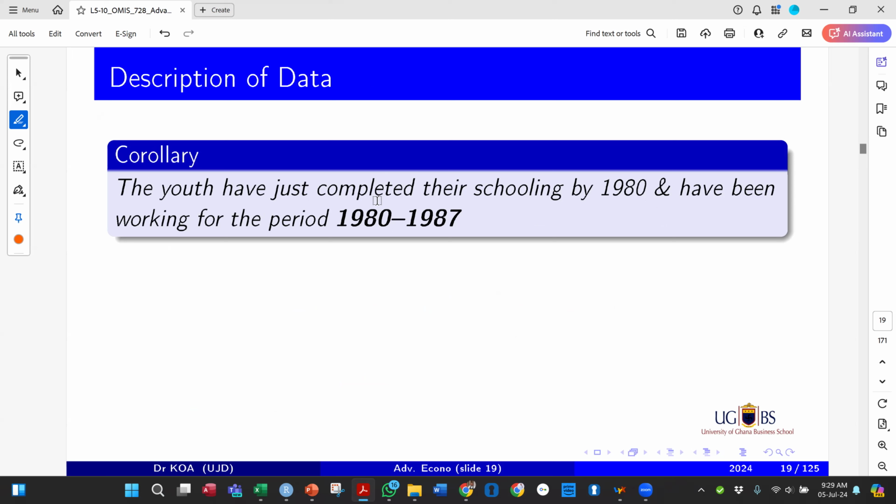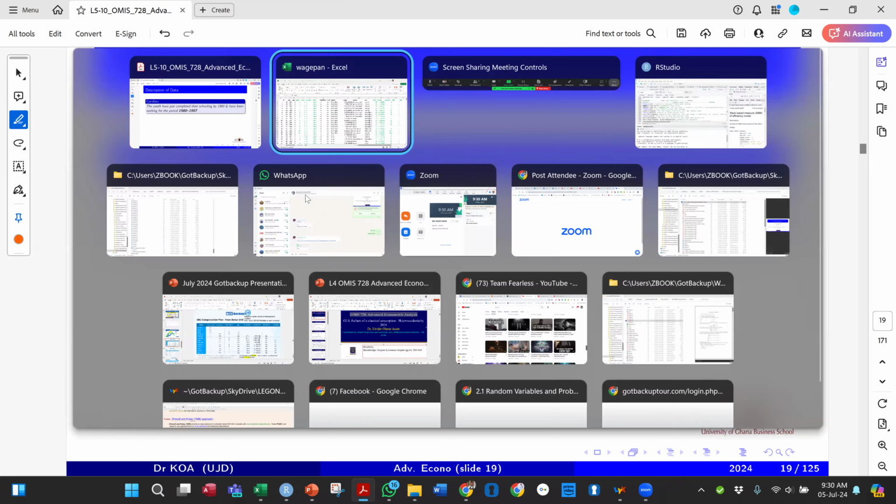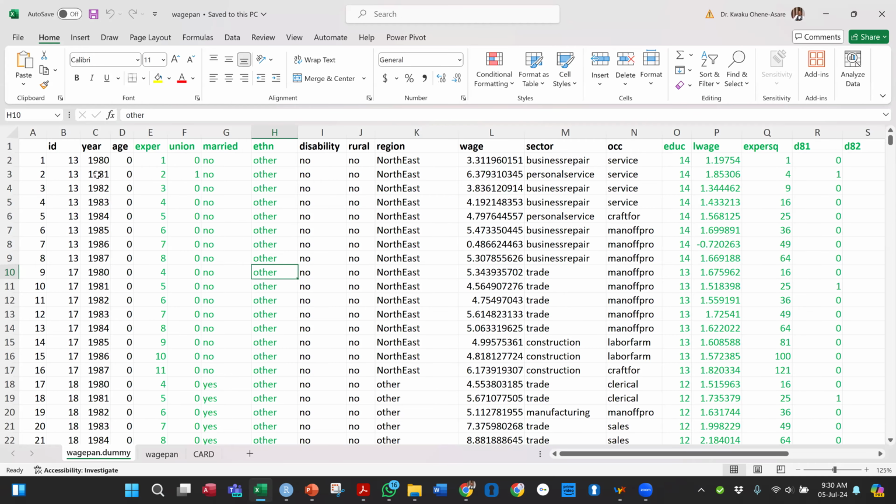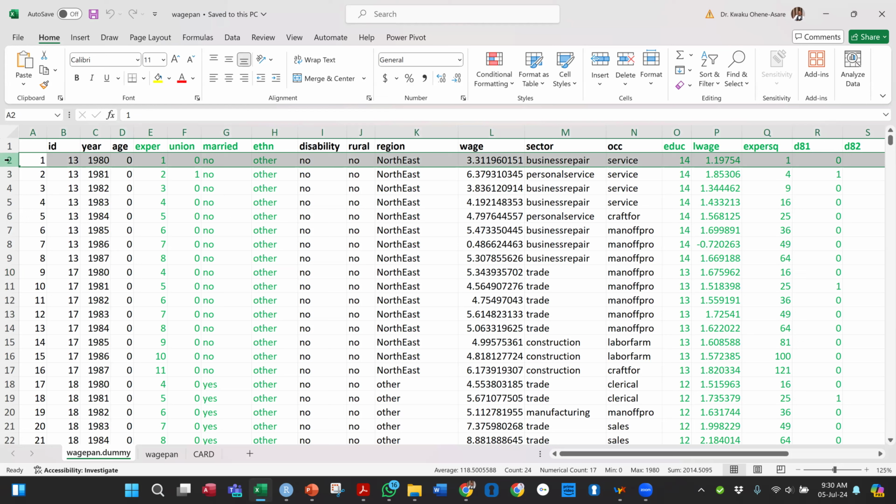We have a few things we want to look at. The nature of the data: the youth have just completed school. So by 1980, they have finished school and they have been working from 1980 all the way up to 1987. When you look at the data, if you take the first person, that person is given an ID of 13.